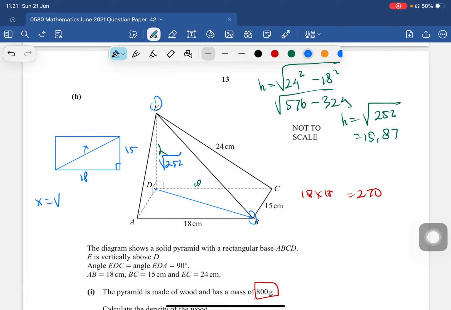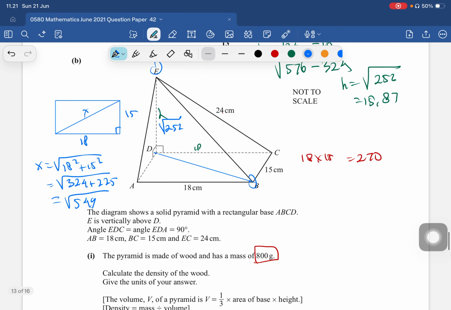So 18 squared is 324 plus 15 squared, which is 225. We add 324 plus 225, square root of 549. So we got 23.43.